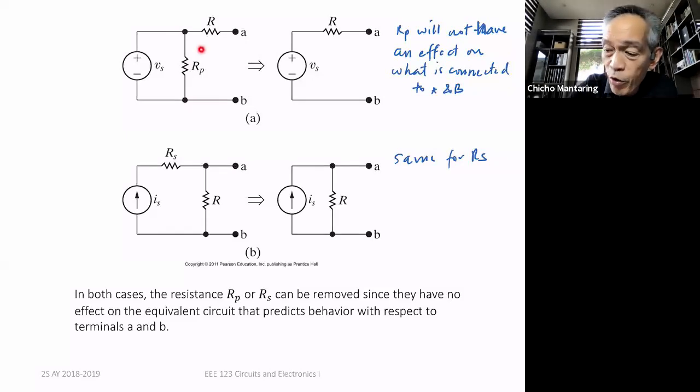In this case, removed by replacing it with an open circuit. In this case, removed by replacing it with a short circuit, since they have no effect on the equivalent circuit that predicts behavior with respect to terminals A and B.